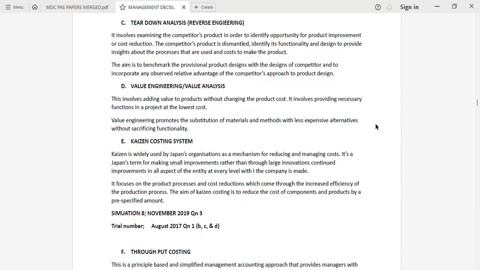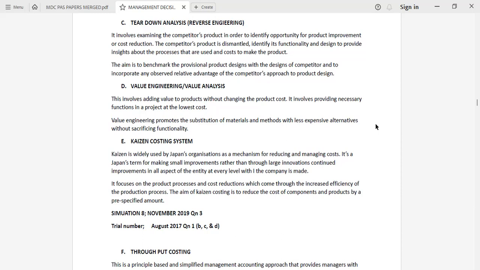The aim of this is to benchmark the provisional product designs with the designs of the competitor and to incorporate any observable relative advantage of the competitor's approach to the product design.